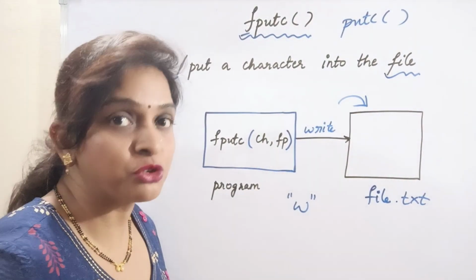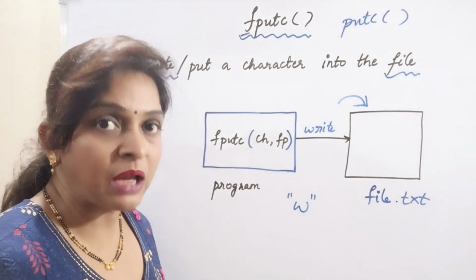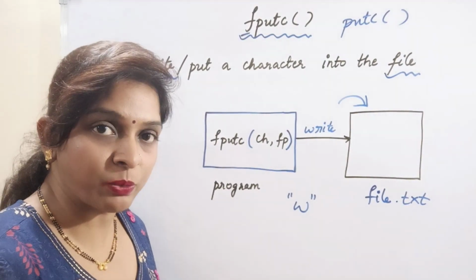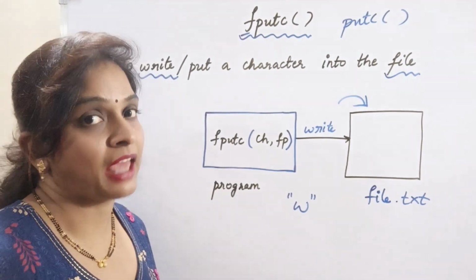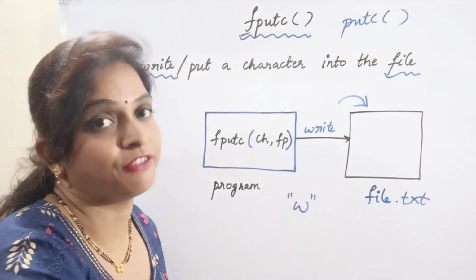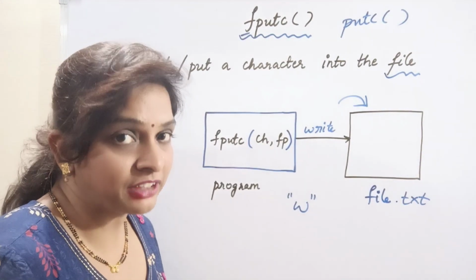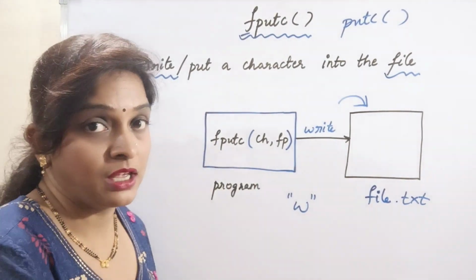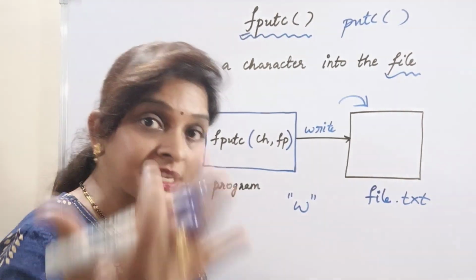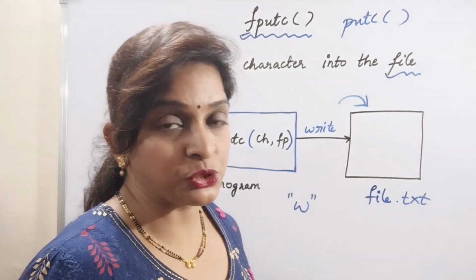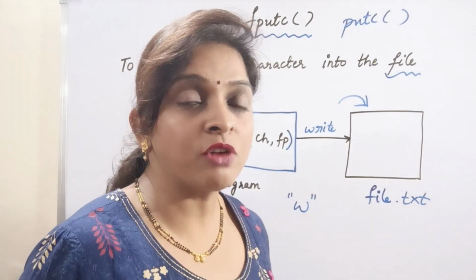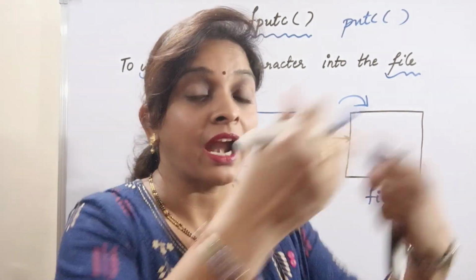This is what we need to do now. In our program we have to write the code in such a way that we are writing the character into the file. To write the character into the file, we use fputc. But initially, we need to accept the value from the console. From the keyboard, we have to accept the character and then write that into the file.